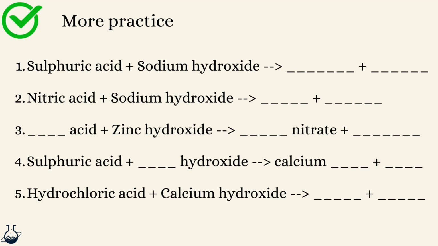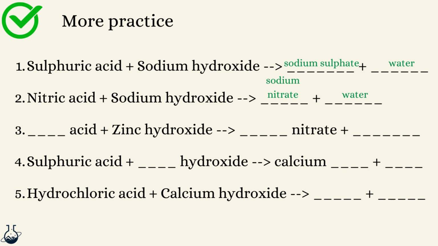Let's go through the answers then. Starting with something familiar, sulfuric acid and sodium hydroxide makes sodium sulfate and water. Nitric acid and sodium hydroxide makes sodium nitrate and water. Now we have some random gaps at the beginning and end for question 3.